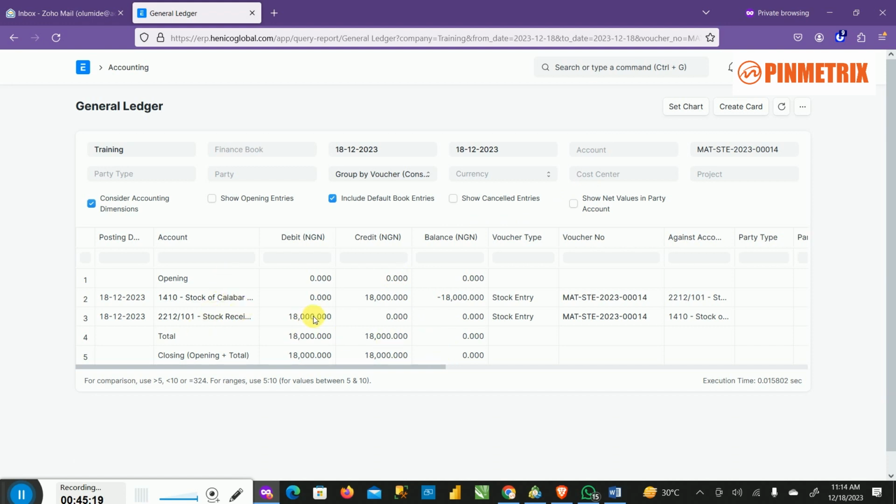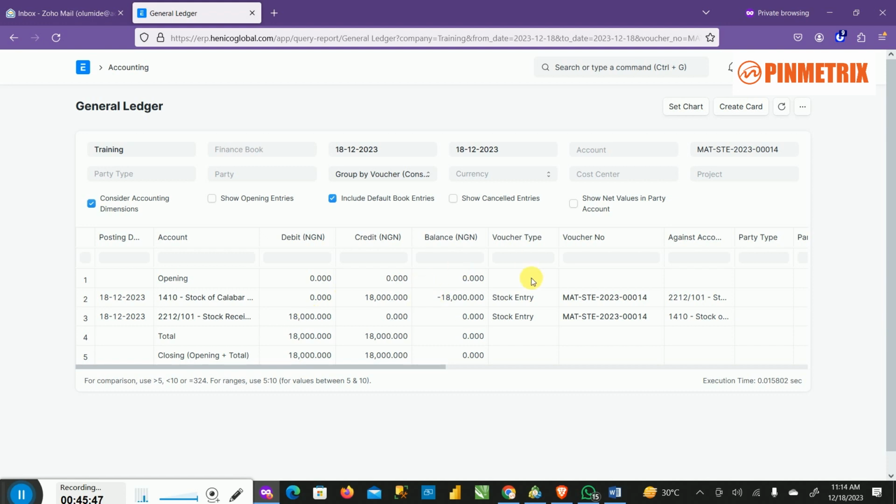So if you check your accounting ledger at this point, you can see 18,000 and the other one was 16,500. So there is a difference of like 1.5.